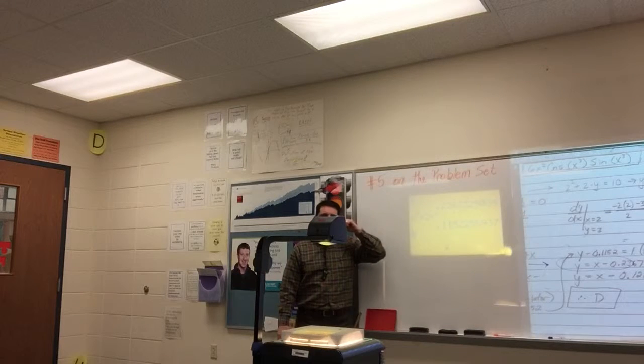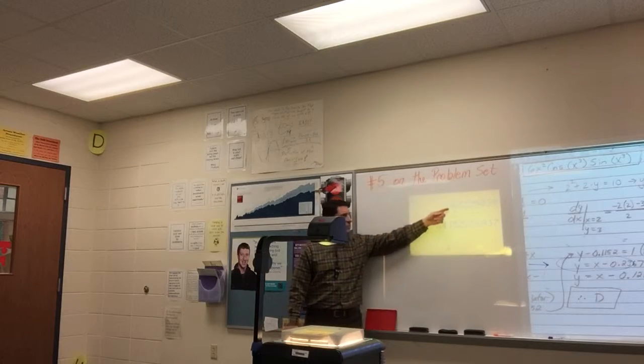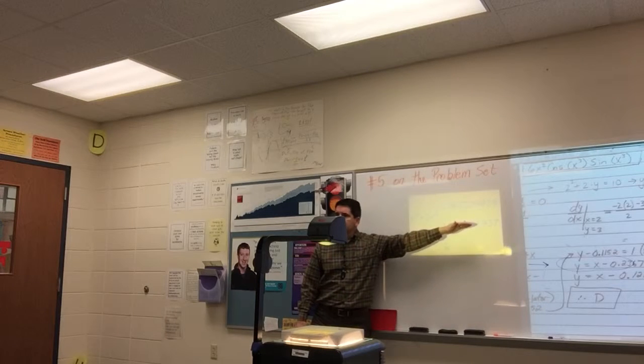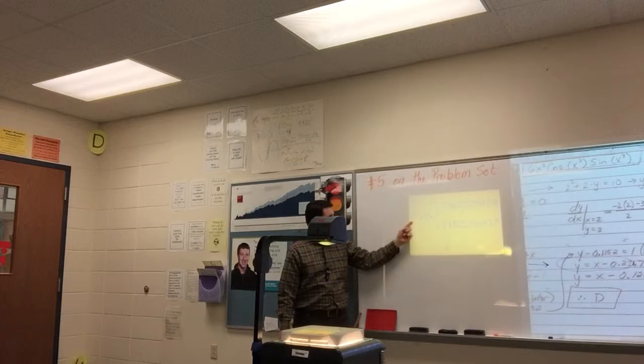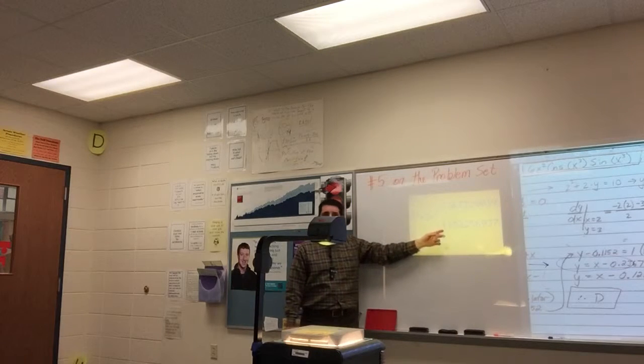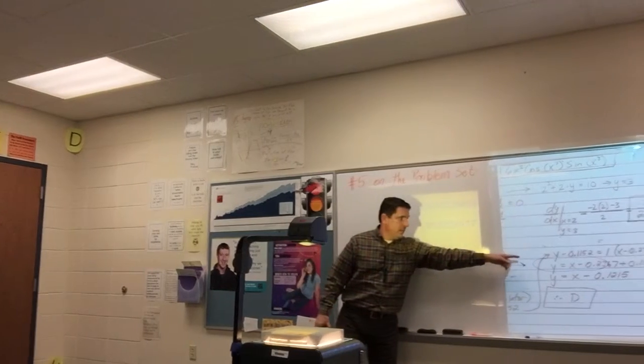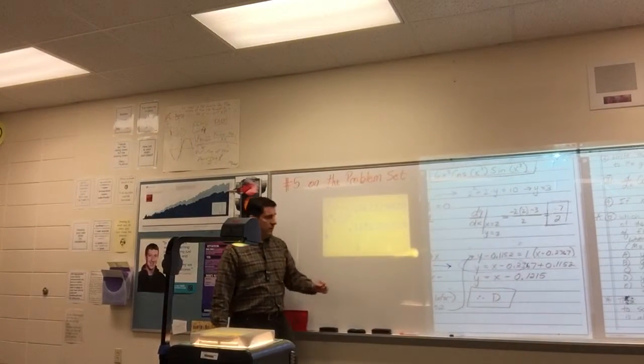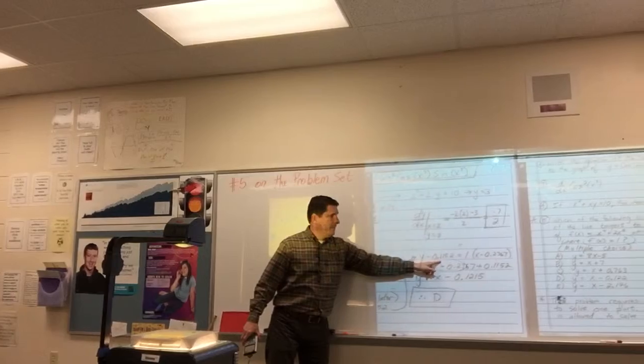Because it knows that x is 0.2367 and so on. So it's actually doing 0.2367 to the 4th plus 2 times 0.2367 squared and computing that. That gives us the actual answer for this spot automatically.